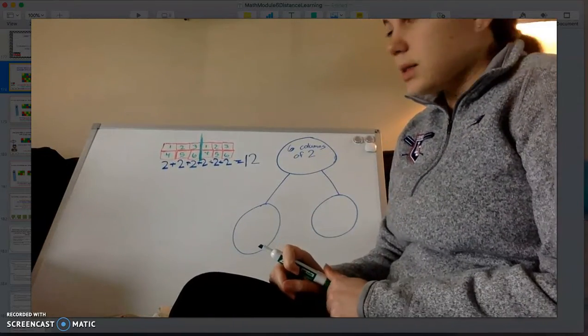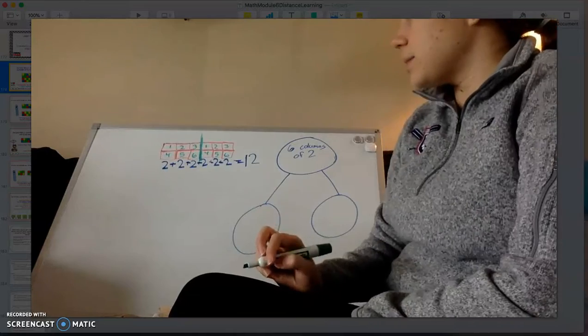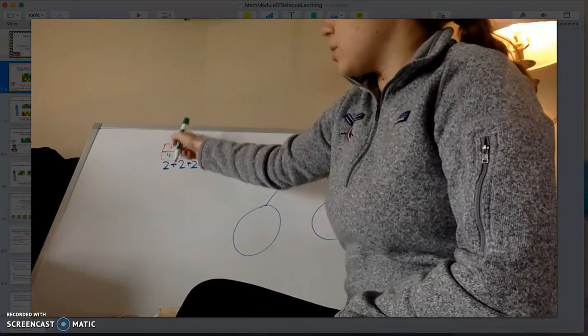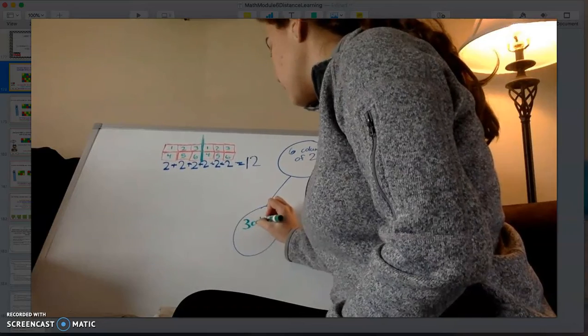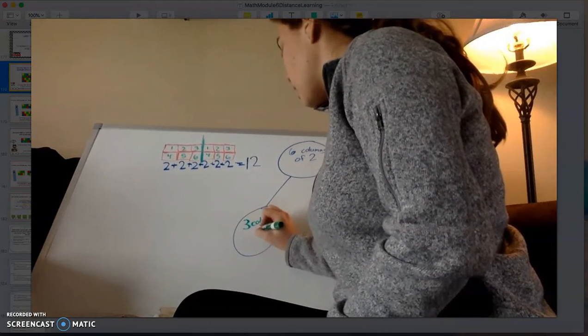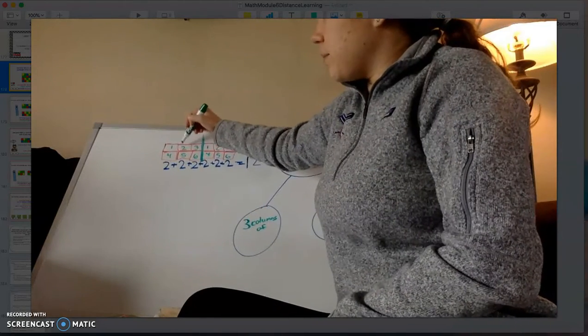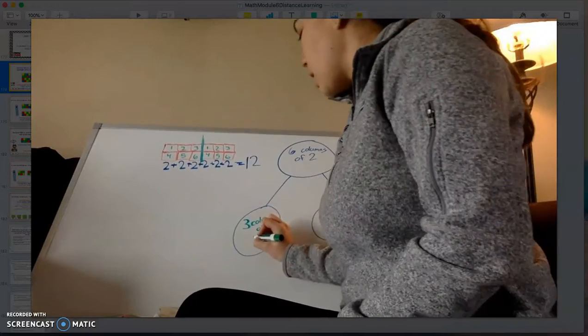So when I broke up my big rectangle of 6 columns of 2, what are my new parts, my 2 new rectangles? This one is how many columns? 1 column, 2 columns, 3 columns, 3 columns of, how many are in each column? 1, 2, 2.